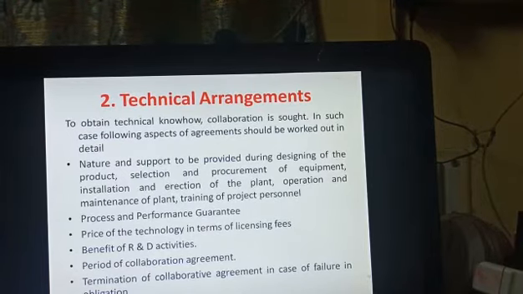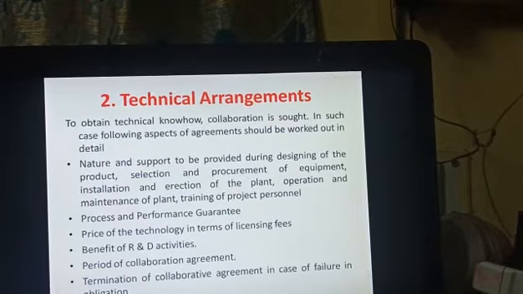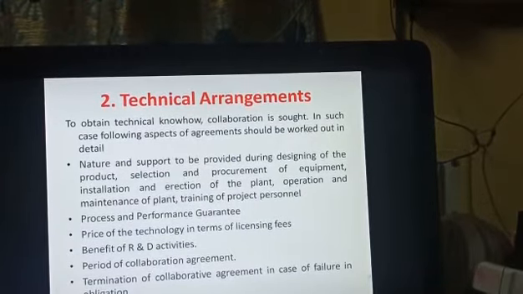These all points will have to be considered. Next is process and performance guarantee. Next is price of the technology in terms of licensing fees. That is how much fees we will have to pay for the technology if we are going for collaboration with another company.